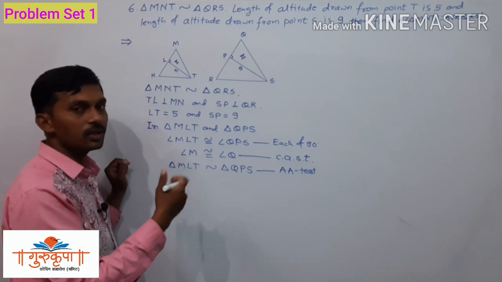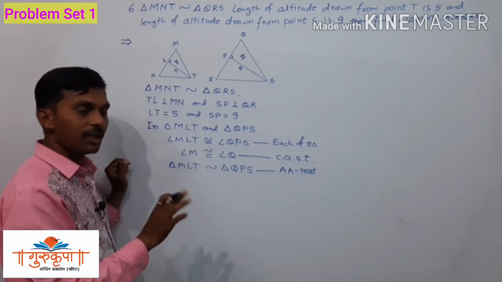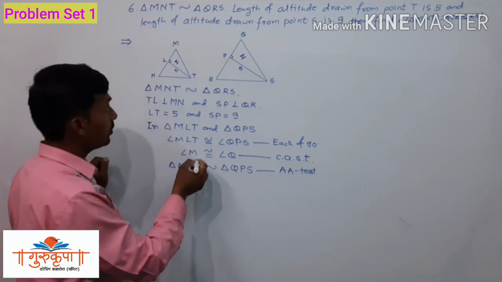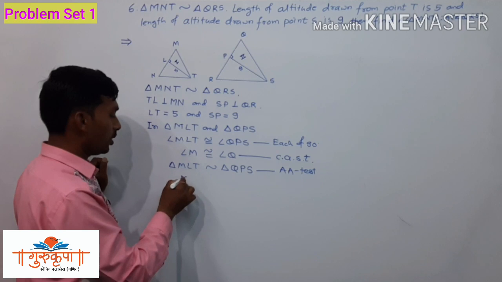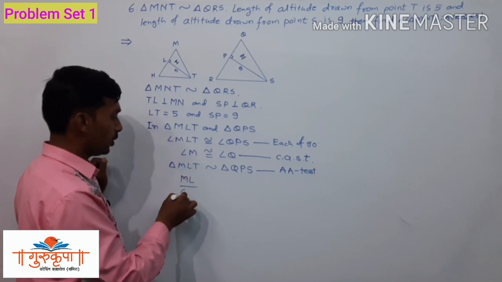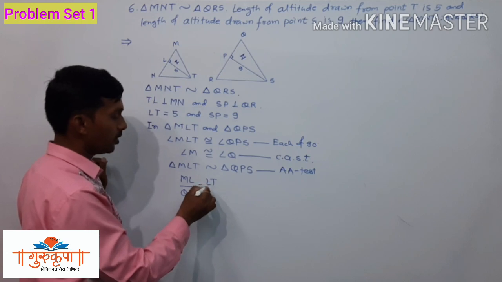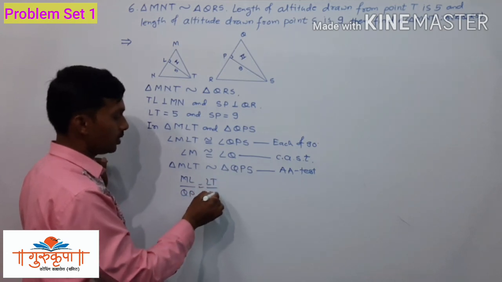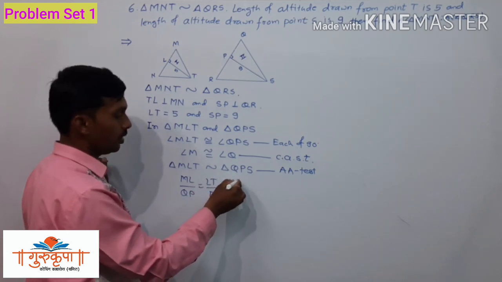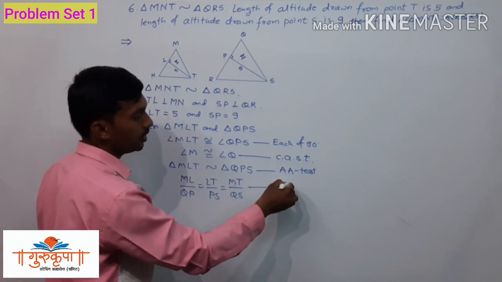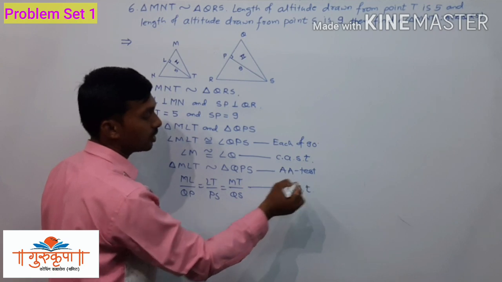So here we will write ML upon QP is equal to LT upon PS is equal to MT upon QS. The reason behind it is corresponding sides of the similar triangles.